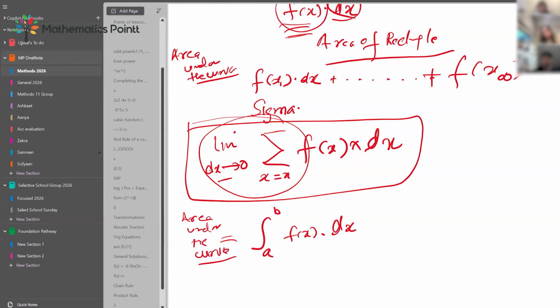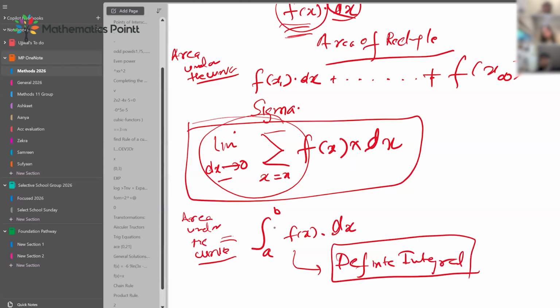Simple, right? Area under the curve. And this, in the world of calculus, they started calling the definite integral. An integral which is definite. Integral is what?